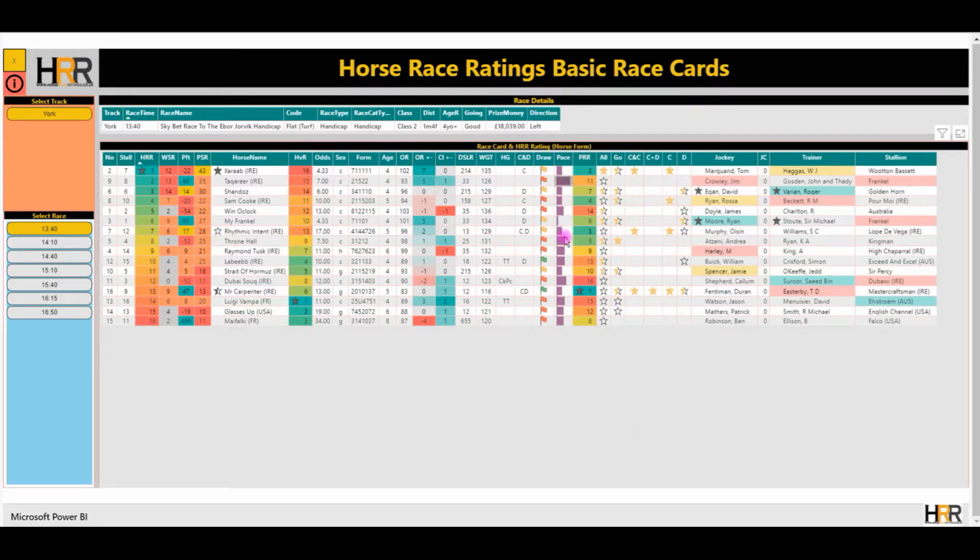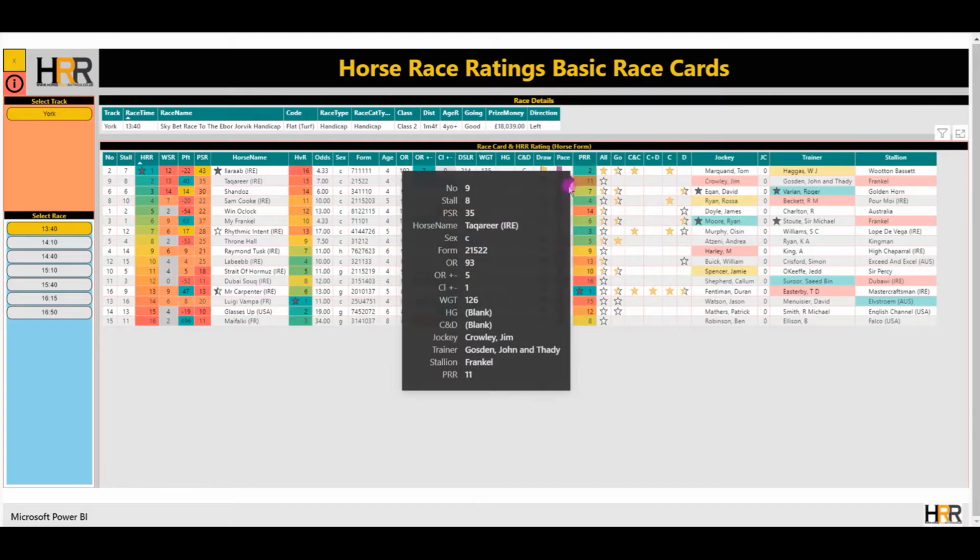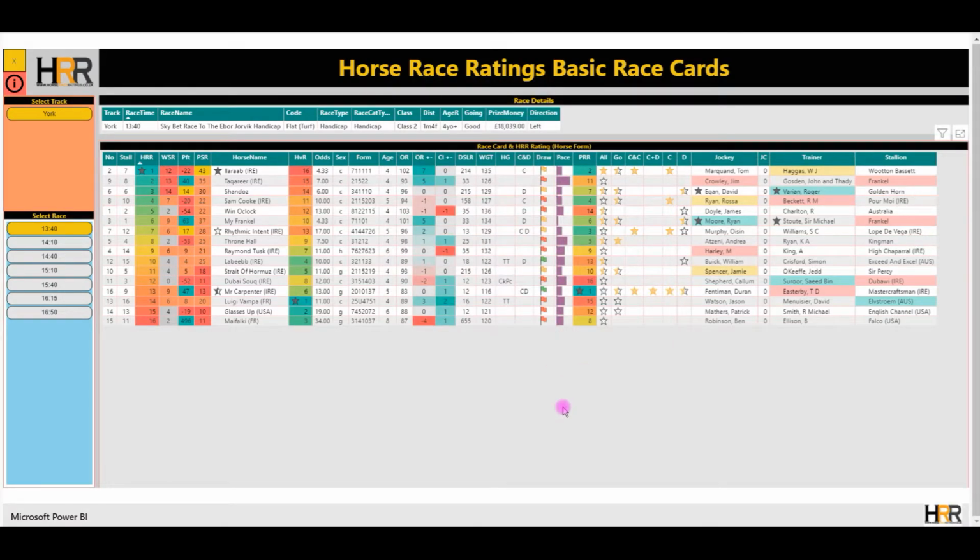Then this is a new thing that I've added in for the basic race cards, which is the pace. This gives you an indication based on the horse's previous run style. It's something that I have worked on quite extensively. It is getting better all of the time. Principally, the larger the bar, the more prominent the horse is likely to run, so it's going to have very much a front running style.